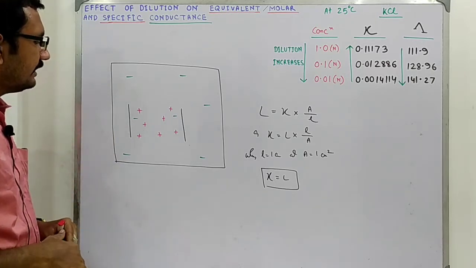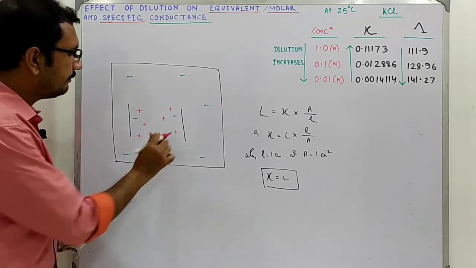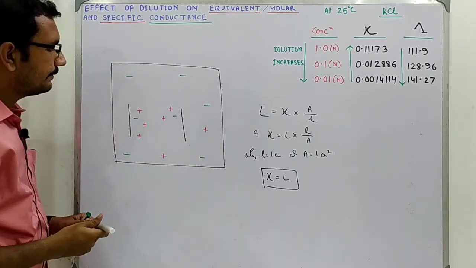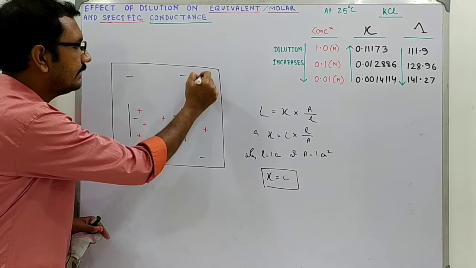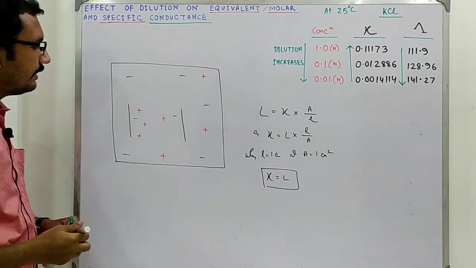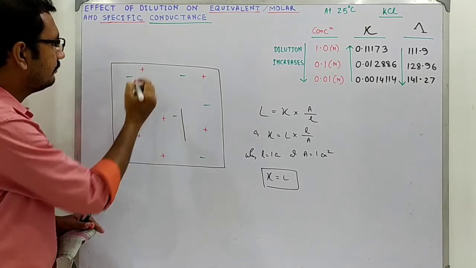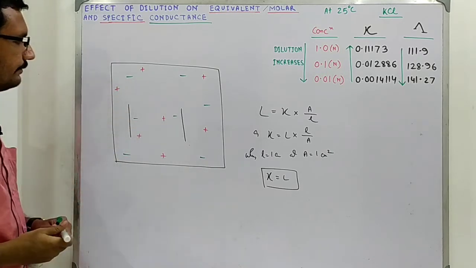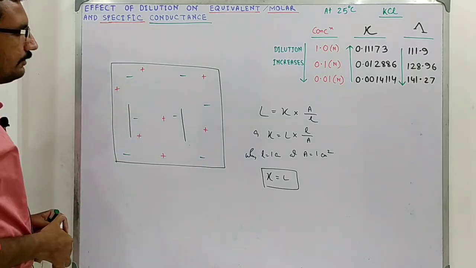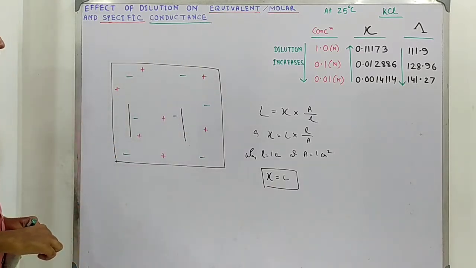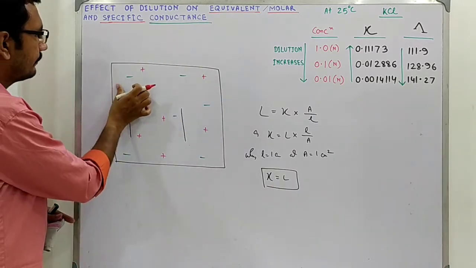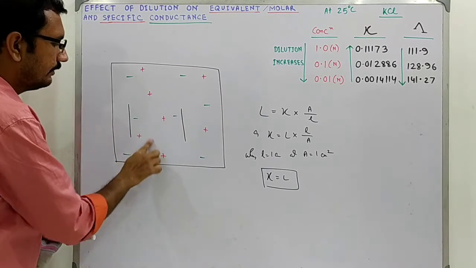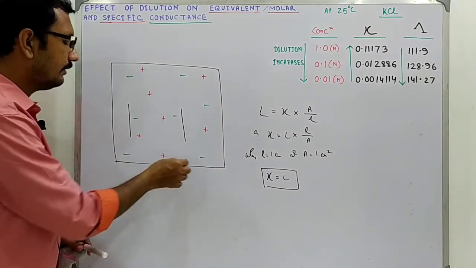What will be the fate of the cations? This plus will get here, this plus will come here, and this plus will shift to that place. So, they are separated away from each other so that a homogeneous solution is obtained.